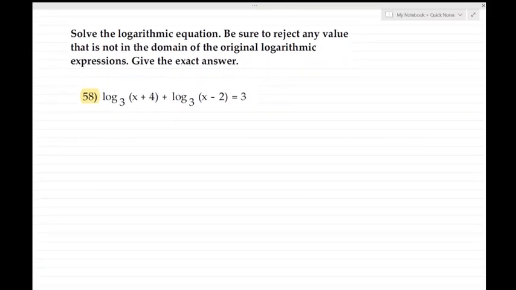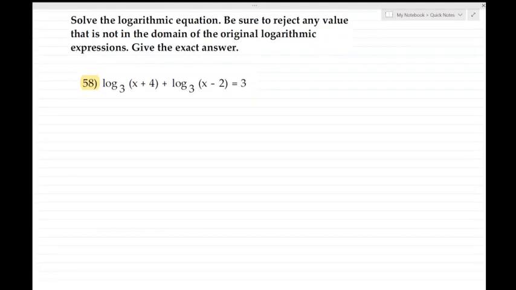Next, solve the logarithmic equation and be sure to reject any value that's not in the domain of the original function. So give the exact answer. So let's combine and do the best we can here. So notice that we have two logarithms separated by a plus, but they have the same base.